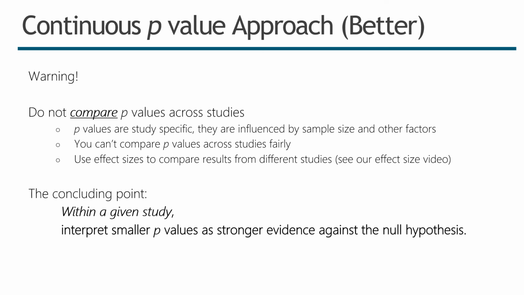Therefore, you cannot compare p-values across studies fairly. If you're interested in comparing results across different studies, you need to use an effect size. We have a video that describes what effect sizes are and how to interpret them accurately. The concluding point here is that within a given study, interpret smaller p-values as stronger evidence against the null hypothesis.